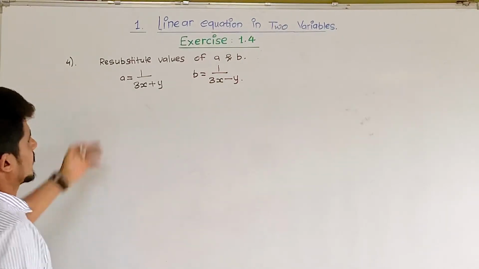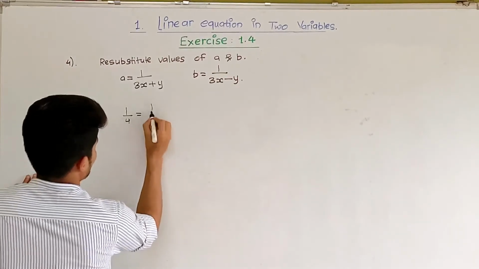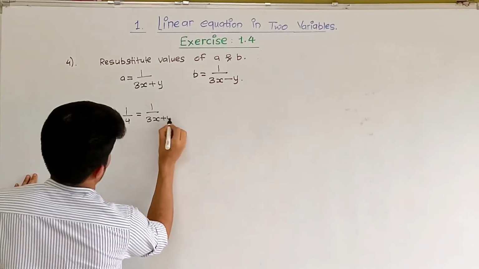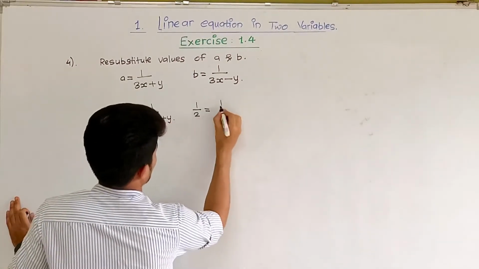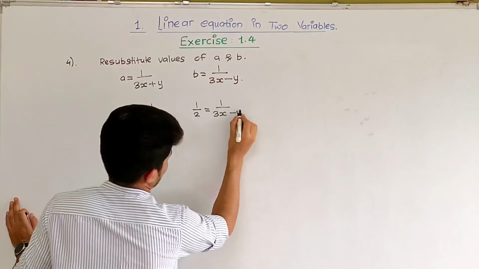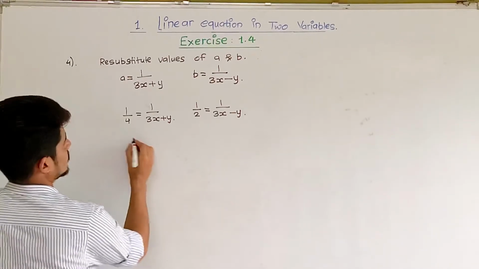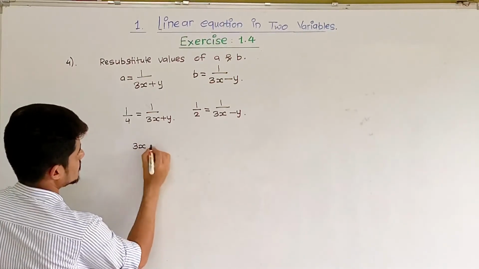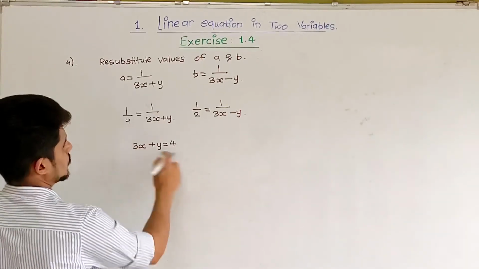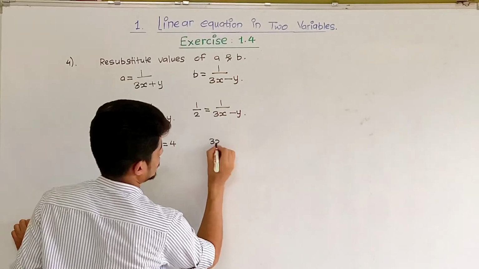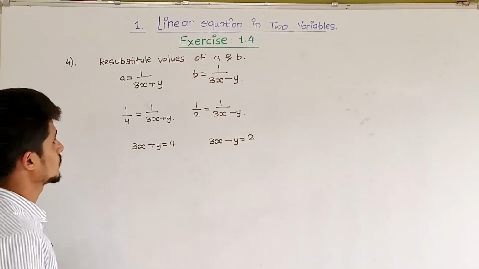So a as 1 by 4 is equal to 1 upon 3x plus y, similarly b as 1 by 2 is equal to 1 upon 3x minus y. Taking reciprocal, 3x plus y is equal to 4 and similarly 3x minus y is equal to 2.